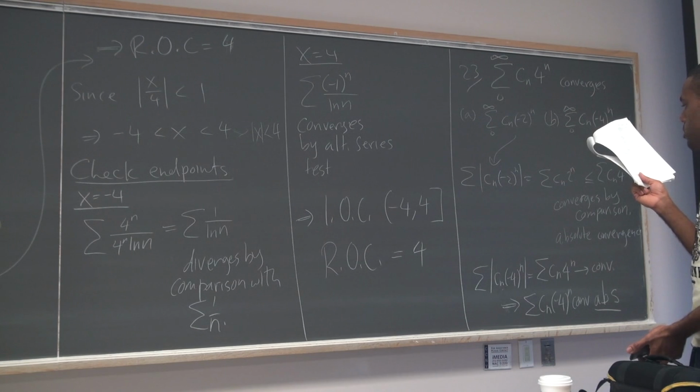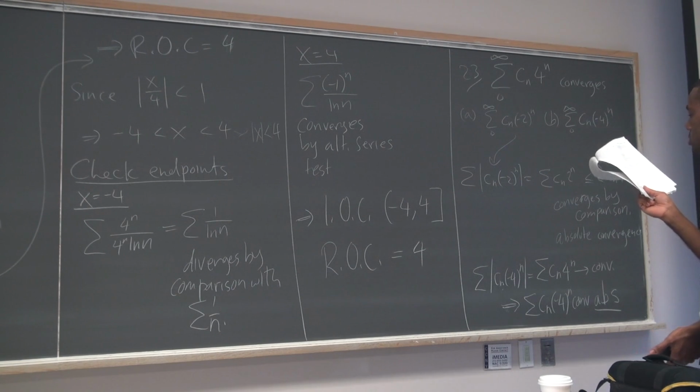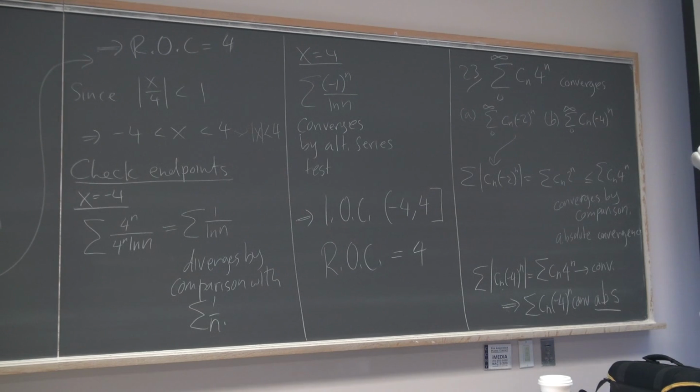Do you think at the endpoints there would be an issue? Well, it doesn't follow that they are convergent. It follows that they might be. Oh, I see the issue here.